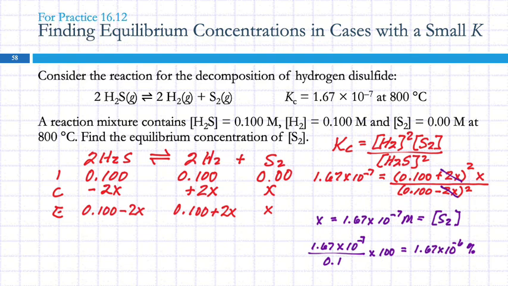But then you need to double check and see, is what I ended up with less than 5% of what I was subtracting it from? If it is, you can use it. If not, you can't. So, questions on exams will often be x is small approximations so that you don't have to do quadratic equations. Any other questions?